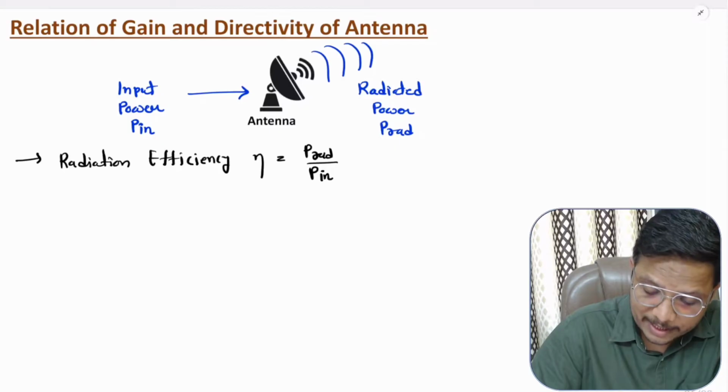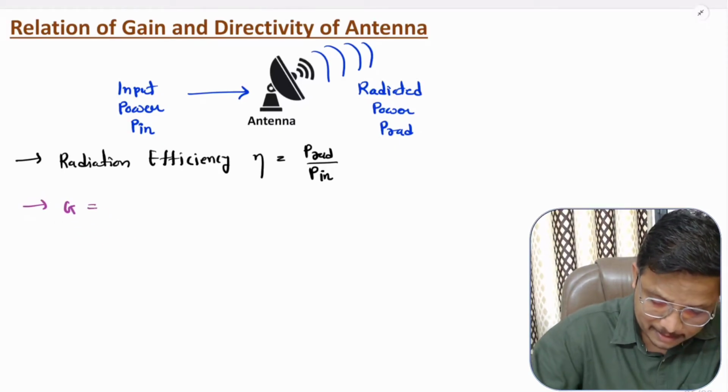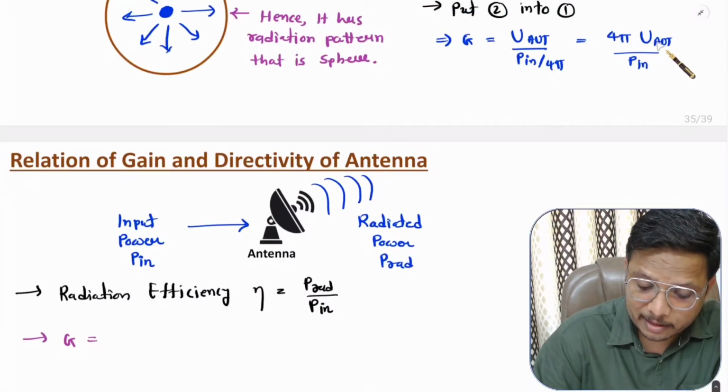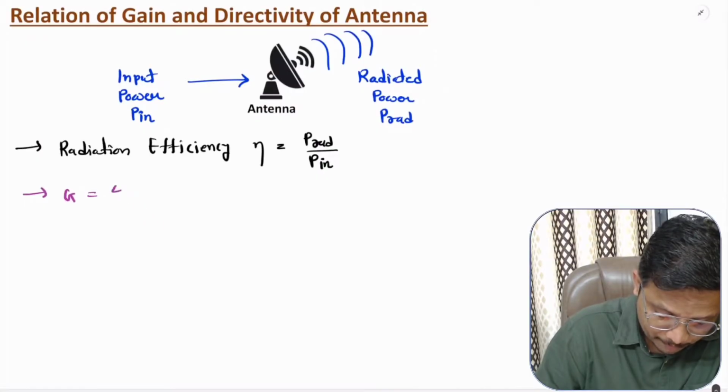So radiation efficiency is radiated power divided by input power. In this video I have derived the equation of gain, that is 4 pi U divided by P in, right? So gain is 4 pi into radiation intensity of antenna divided by P in. And in my last video, I explained directivity.